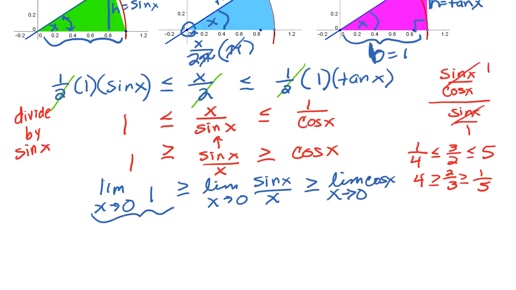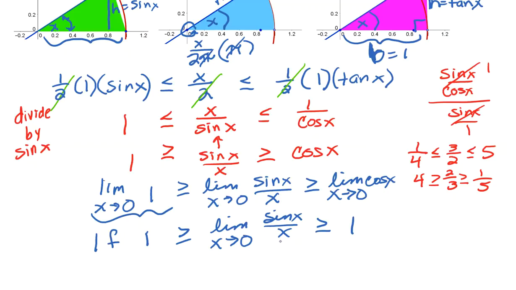So I do know the limit of 1 as x goes to 0. There's nothing to change there. It will stay at 1. The middle term is what we don't know. That's going to remain as it was in the previous step. But we do know that the limit of the cosine function as x goes to 0 is 1. So there's our sandwich theorem.